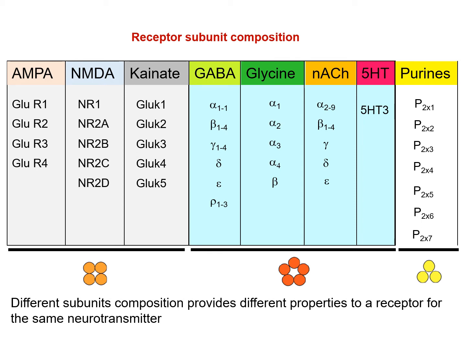Similar things happen for the glycine receptor, the nicotinic acetylcholine receptors that we will see in more detail in the next video, and the serotonin receptors. And the same applies to the purinergic receptors. The most important thing here is that different subunit composition provides different properties to a receptor for the same neurotransmitter.